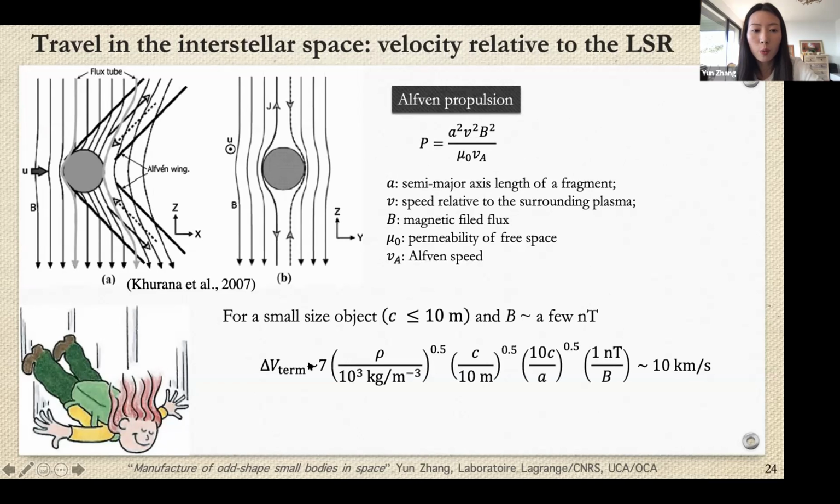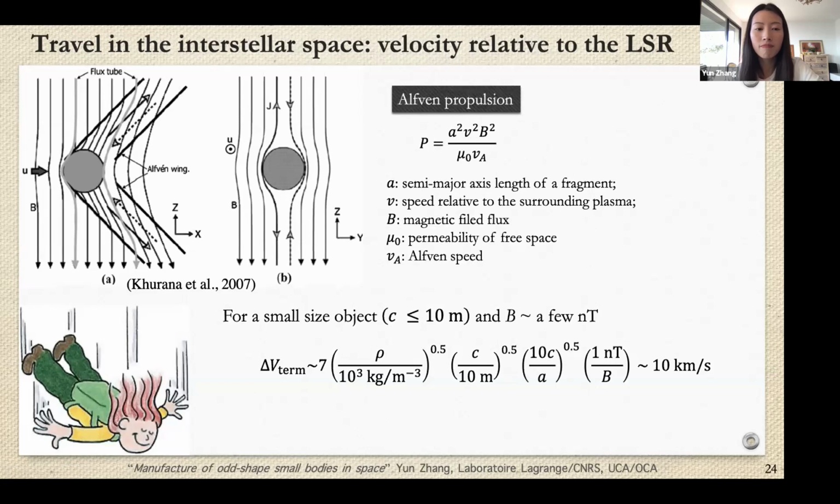When a dynamical equilibrium is established, the interstellar object will attain a size-dependent terminal speed relative to the local standard of rest. For an Oumuamua-like size object, from a few giga-years ago, the terminal speed is about 10 kilometers per second, which is consistent with the observed speed of Oumuamua.